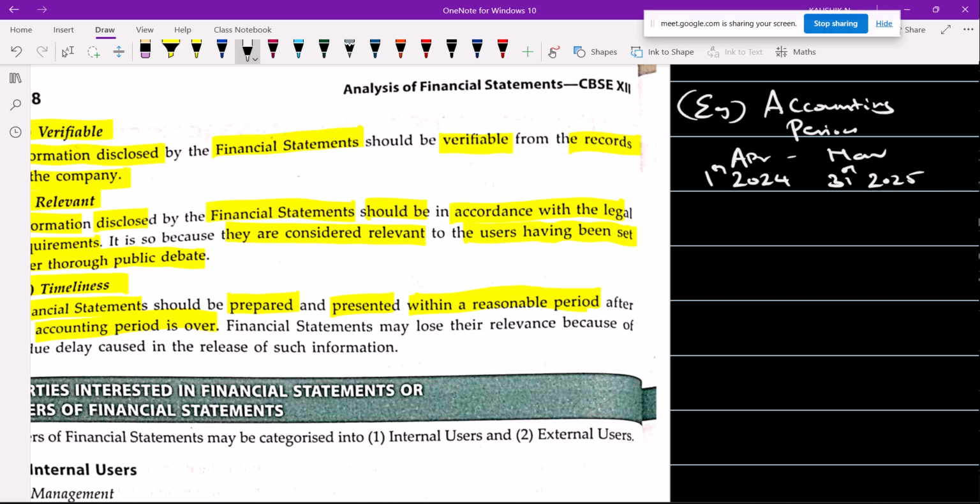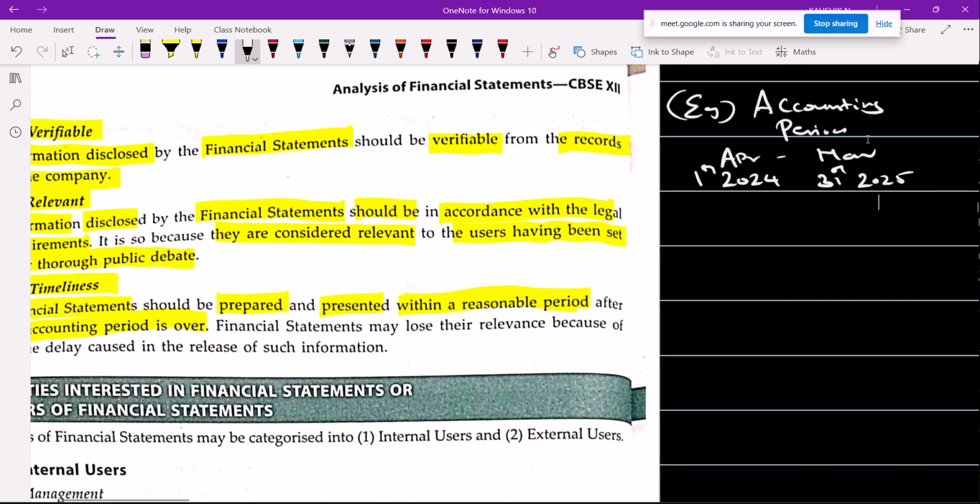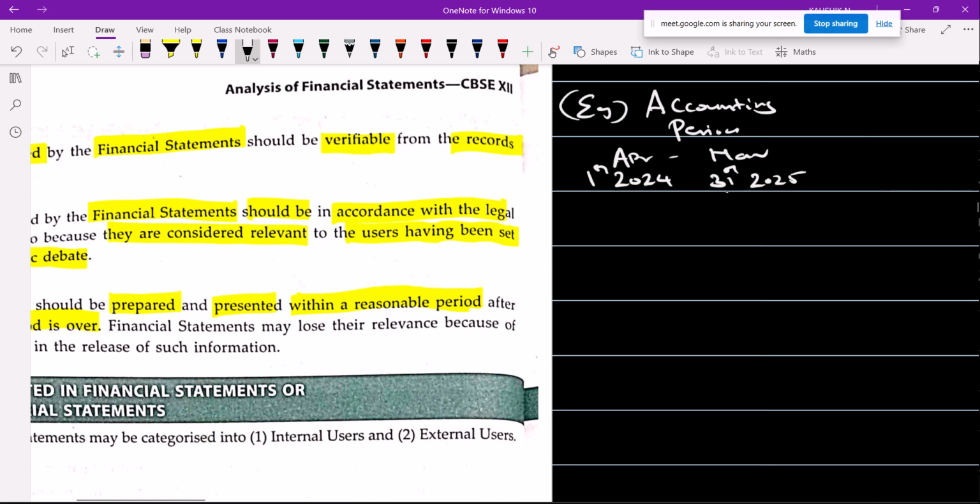This is one year, the accounting period for which I am going to prepare the accounts. Now, when will I close my books of accounts? My books of accounts will be closed on 31st of March 2025. On this date only, my books of accounts are closed.